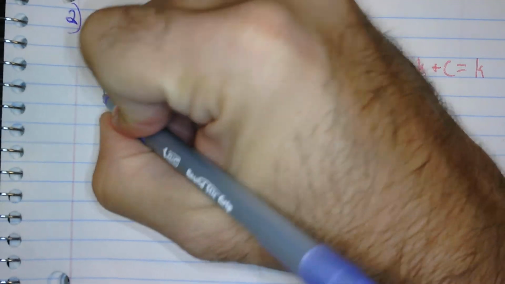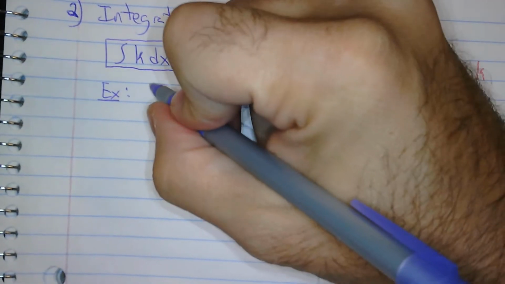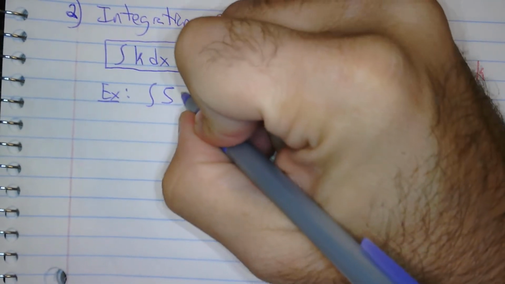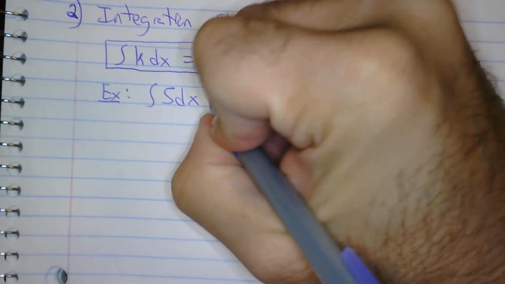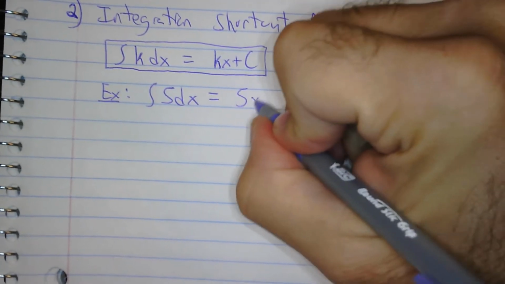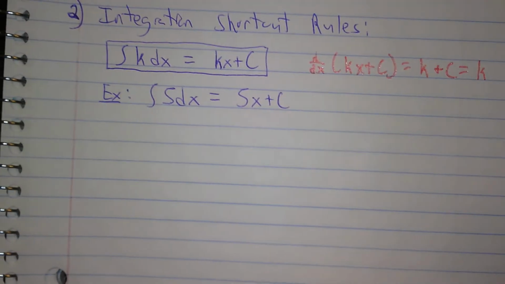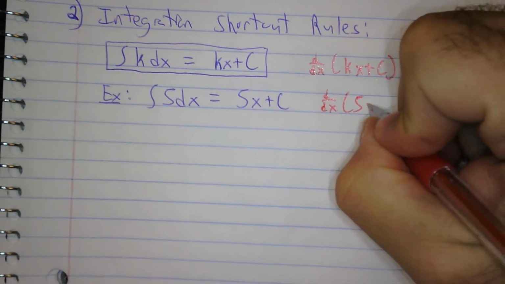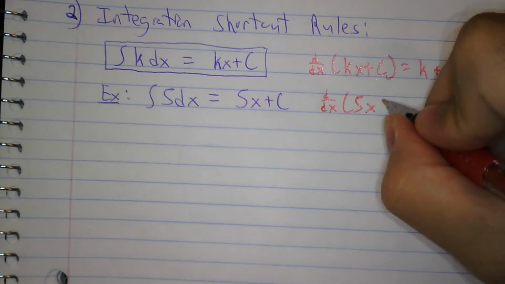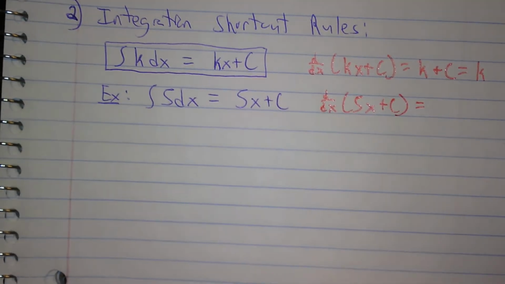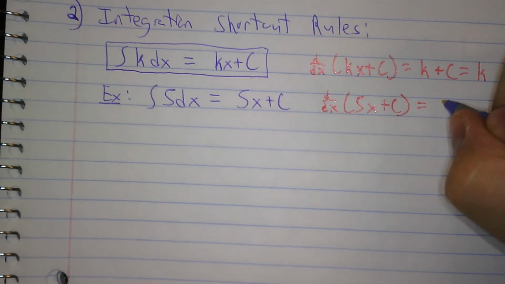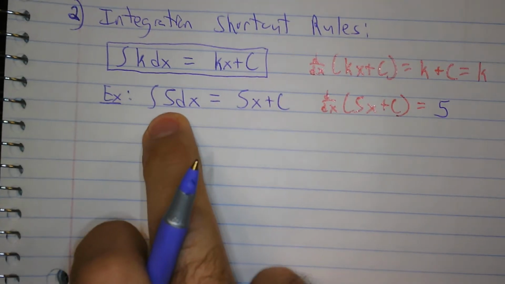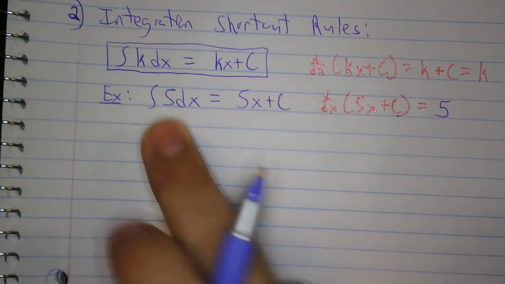Here is an example. What if I said, what's the integral of 5 dx? Well, you think this rule is pretty clear, 5x plus c. And we can check that. If we d dx 5x plus c, we just get 5, which is exactly what we have as our integrand.